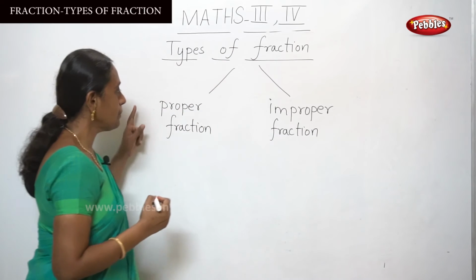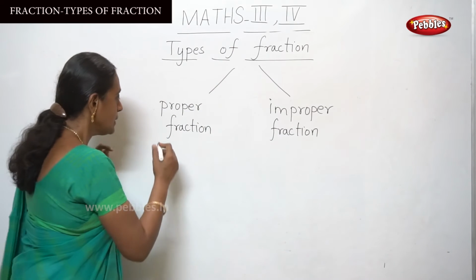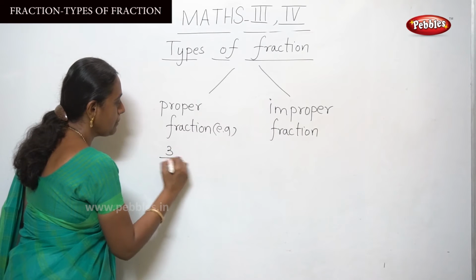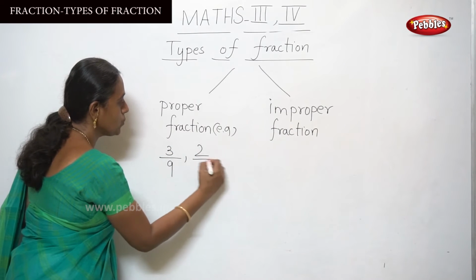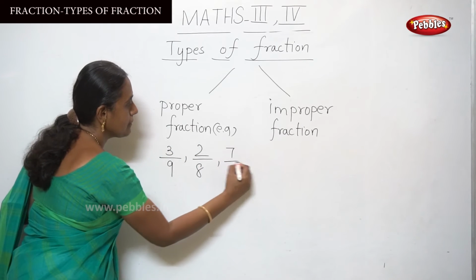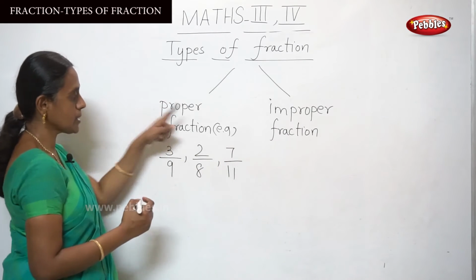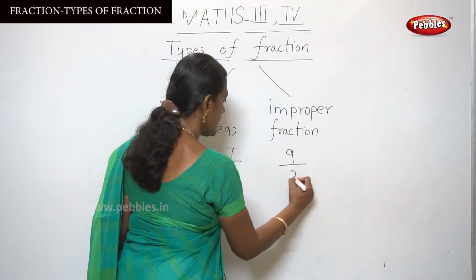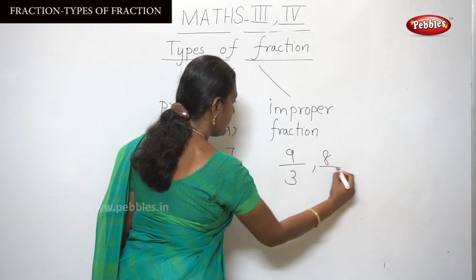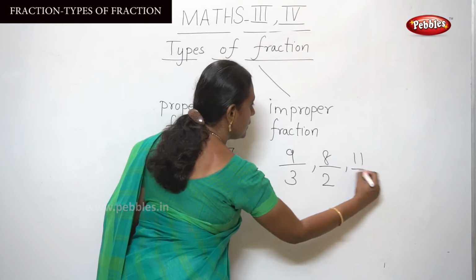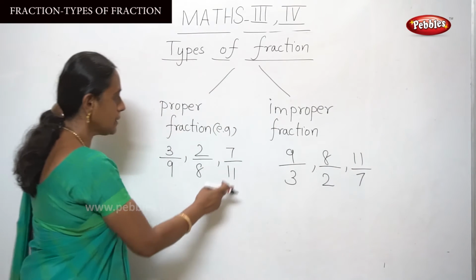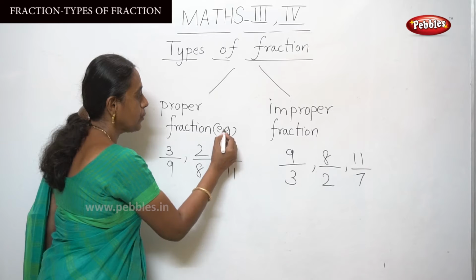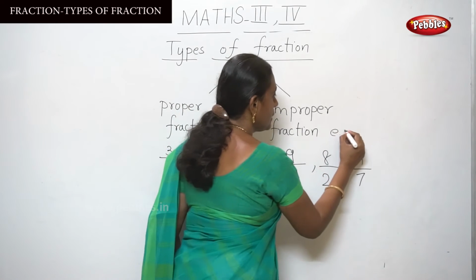In proper fraction, the examples are here: 3 by 9, 2 by 8, 7 by 11. These are proper fractions. Observe the numbers in proper fraction and improper fraction.